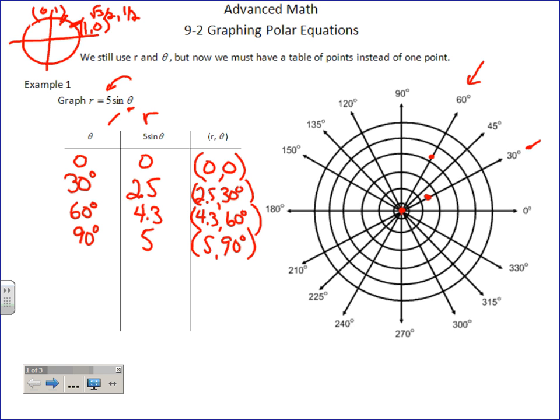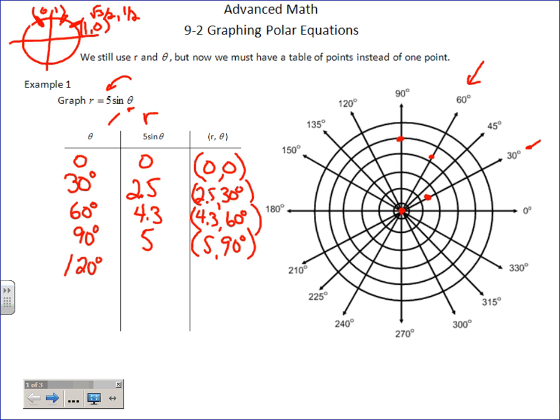So here's 90. You go out 1, 2, 3, 4, 5. So far, do you agree that's pretty much what we got? I agree. All right. And what's going to happen with polar coordinates is there'll become a point where you know what's happening. On this one, we don't quite know yet, so let's keep going. 120, which is right over there.